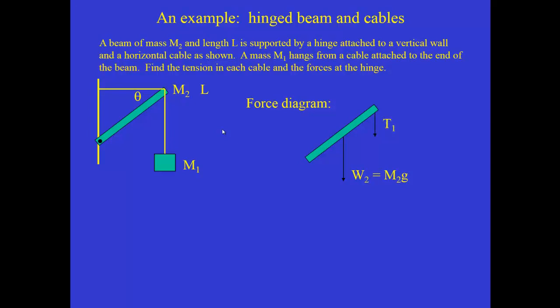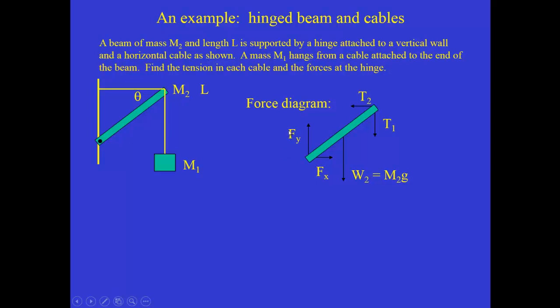We also can see that there's a force in the vertical cable, T1, and likewise a horizontal force acting along the horizontal cable, T2. Now the hinge force, as I said, in general, it can provide forces in both the vertical and the horizontal directions, and so some books label these forces with an H because they're provided by the hinge.